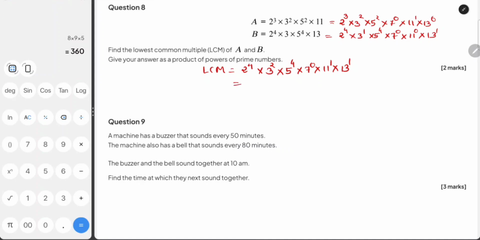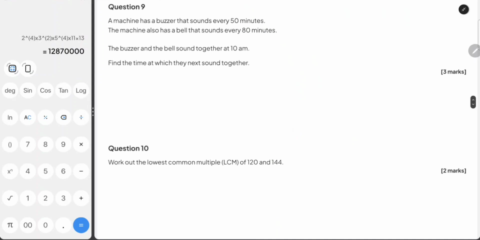For this I must use calculator, so that's 2 to the power 4 into 3 to the power 2 into 5 to the power 4 into 11 into 13. I have not considered 7 raised to 0 because it's going to be 1. So this is 12870000. Clear?